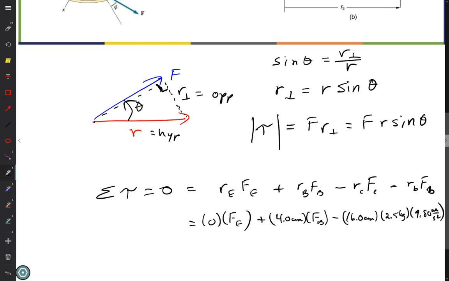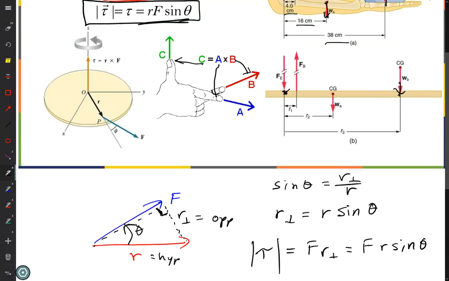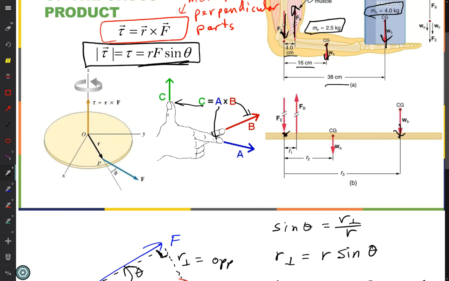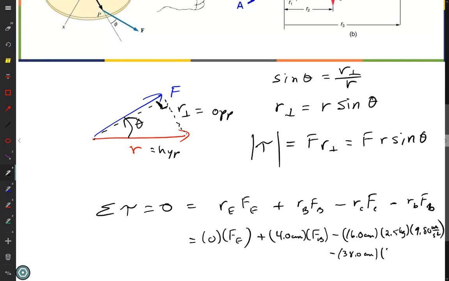And then finally, for the last one was 38 centimeters. And 4.0 kilograms.